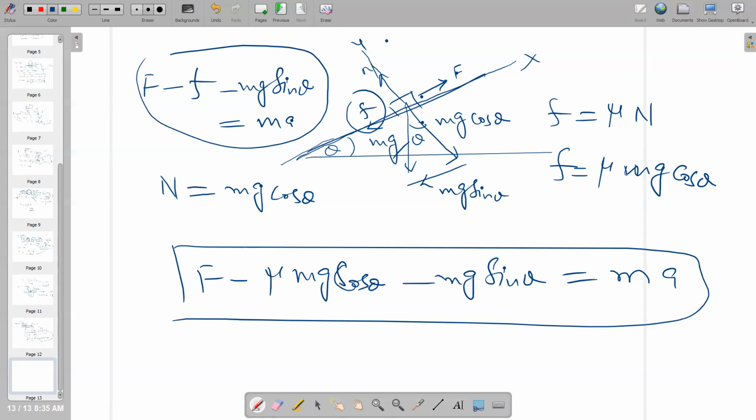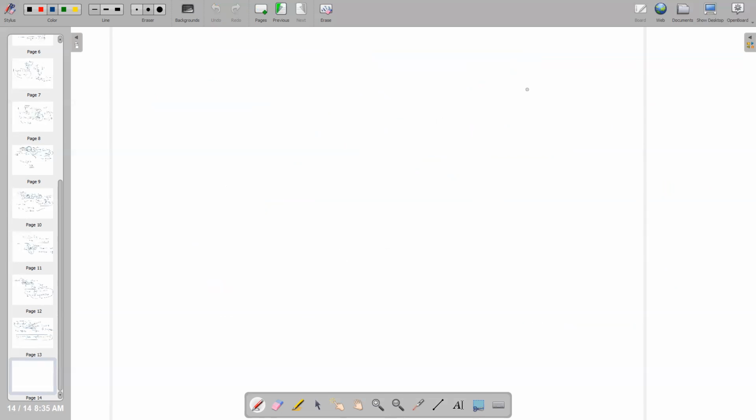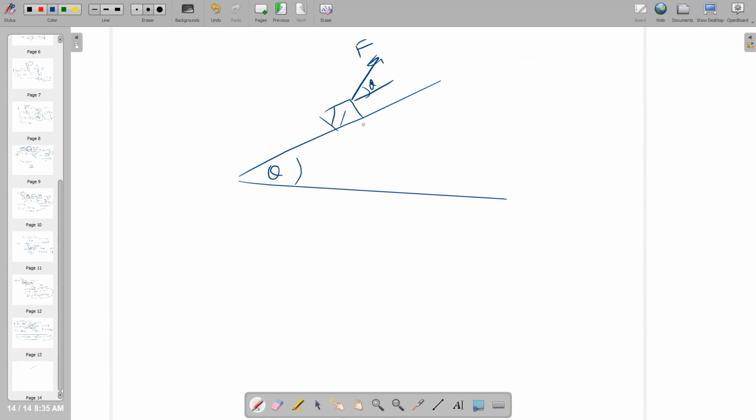Okay. After this, another situation, inclined plane. This is inclined plane. This is angle theta. Now the force is acting in this way. This is the direction of the force making an angle theta. So surely this is the component and this is one component.